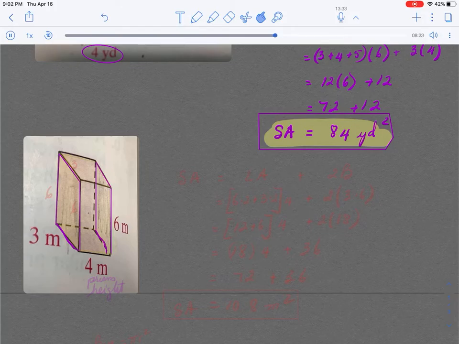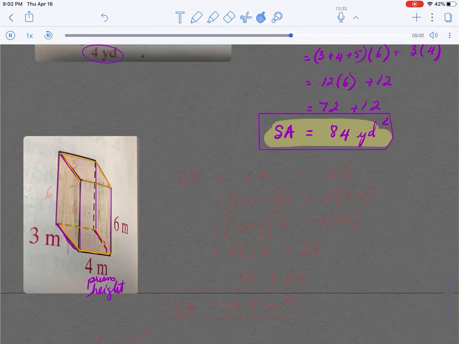If that is the case, the 4 right here will be the prism height. Let's say you are going to make the top one the base. Remember, bases will be parallel to each other and they are connected by a prism height. If you make that the base, then 6 will be the prism height.